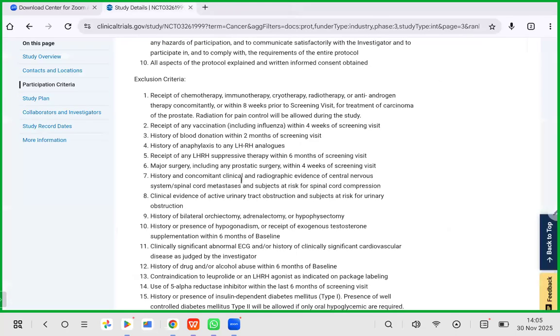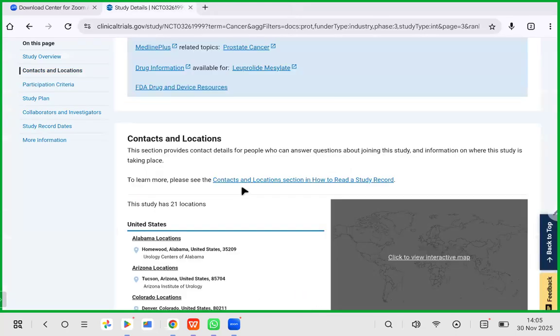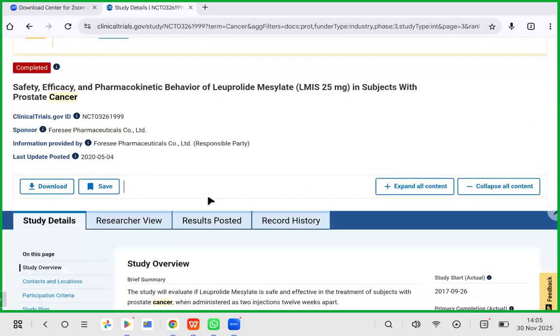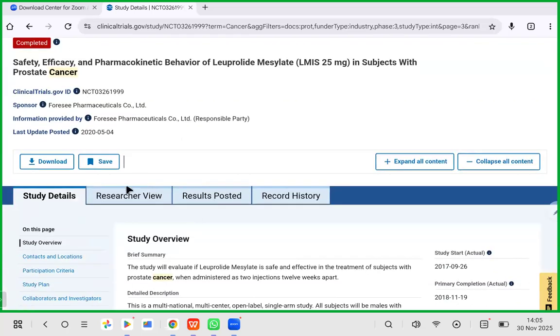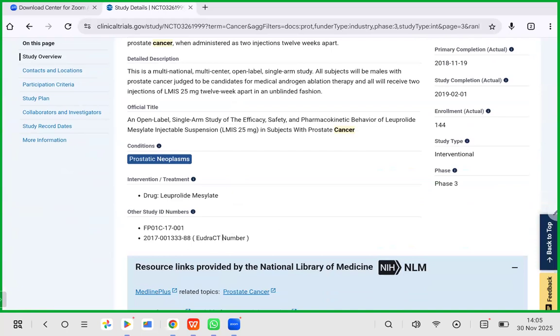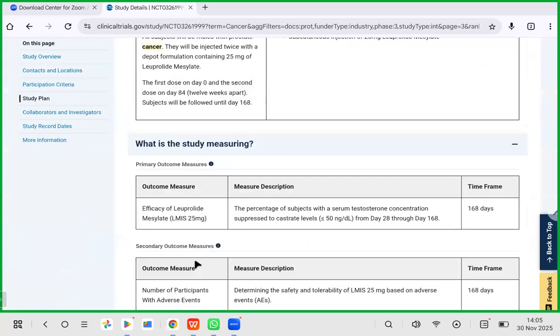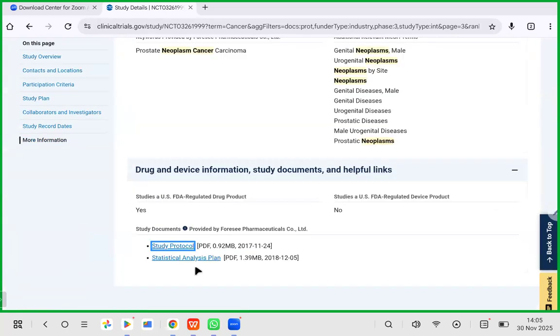The first step the programmers do is read the protocol. The pharma company will give the protocol to the medical writing team, the statisticians, the programmers, to everyone.